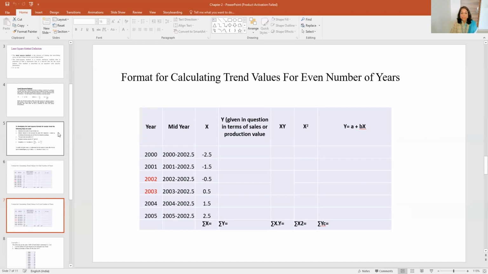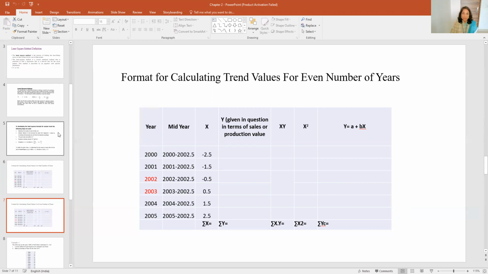Here you can look at 2002 and 2003. The mid-year can be calculated by taking the average of 2002 plus 2003, which gives you 2002.5. If you subtract year-wise 2002.5, it gives minus 2.5, minus 1.5, minus 0.5, 0.5.